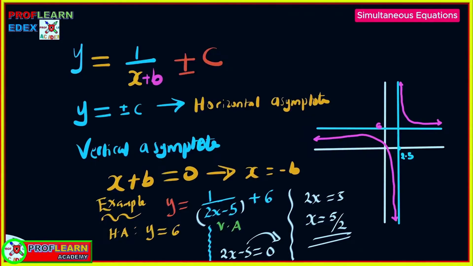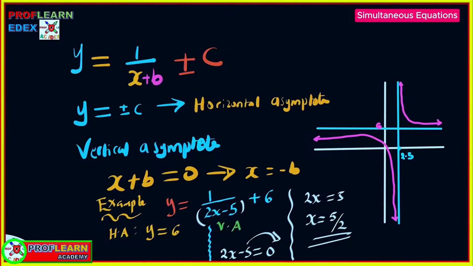And in that case, whenever you are sketching this kind of curves, you need to know the horizontal asymptote, and you also need to know the vertical asymptote. Something that I need to mention at this point is that asymptotes are lines which the curve will approach, but it will never touch that line.